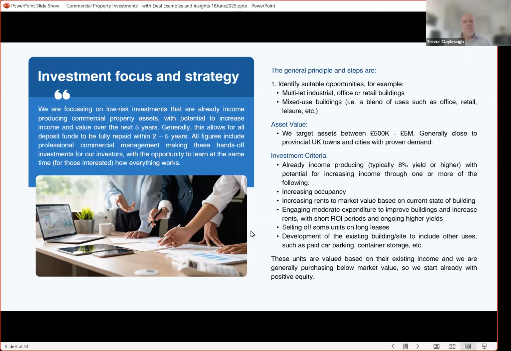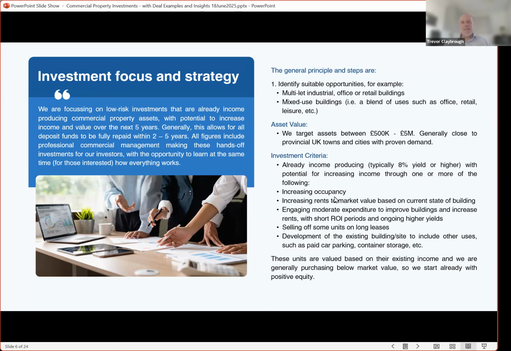The aim, generally, and the focus is specifically to find properties that are already income producing, but have almost immediate or really short-term potential to increase the income. And there are different ways of increasing the income.